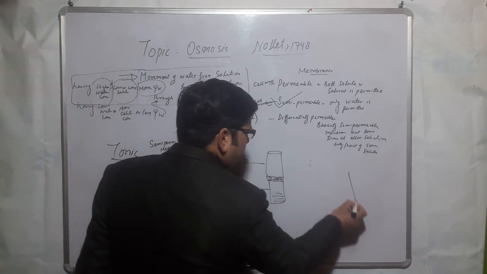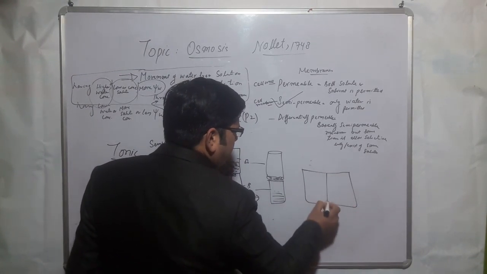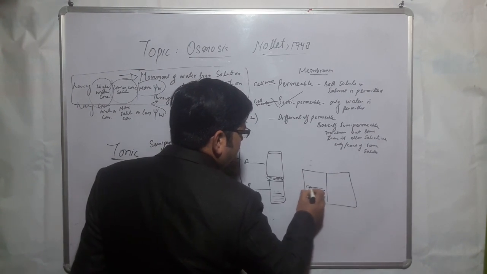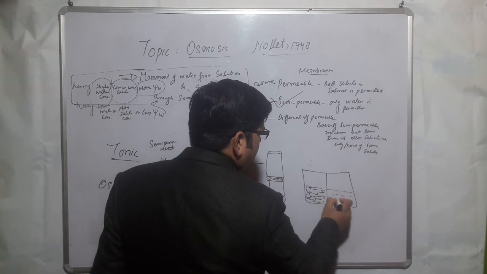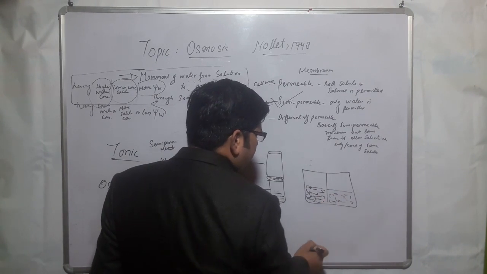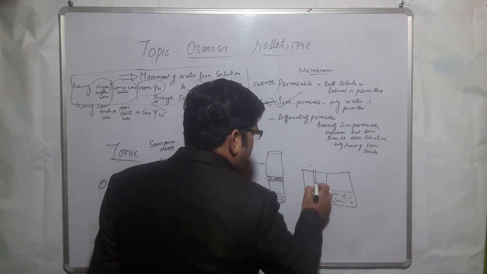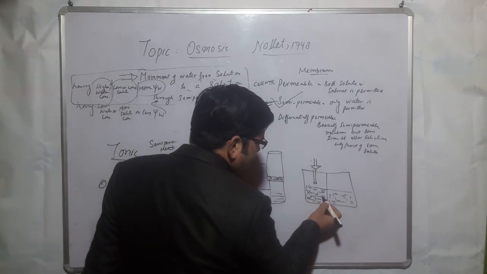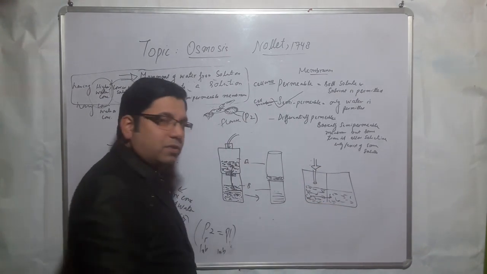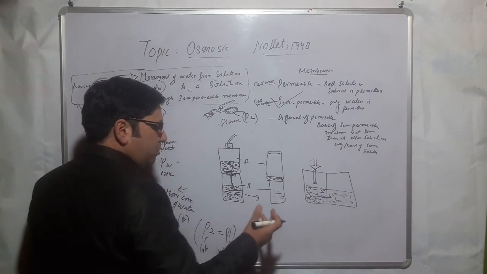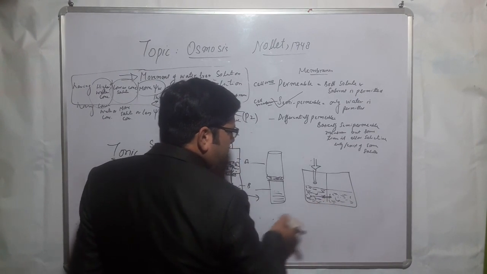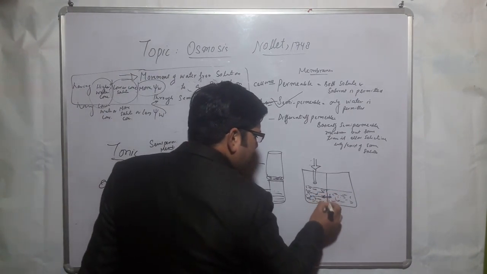Now if we make it this way, this is the dirty, concentrated solution, and this is pure water. Now what will happen? We apply a kind of pressure from outside to this system. The water will go from this solution to this one. What usually happens in osmosis? In osmosis, the water will move from the pure water to the concentrated solution through the semipermeable membrane.